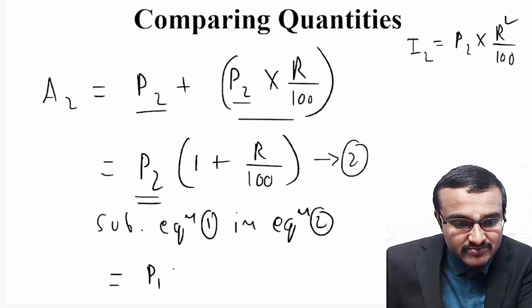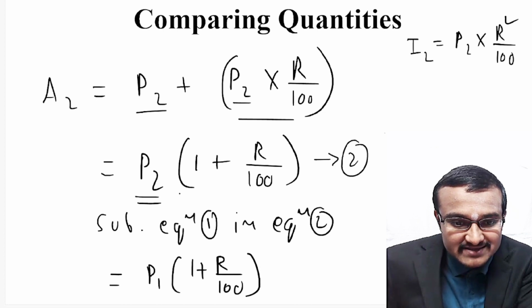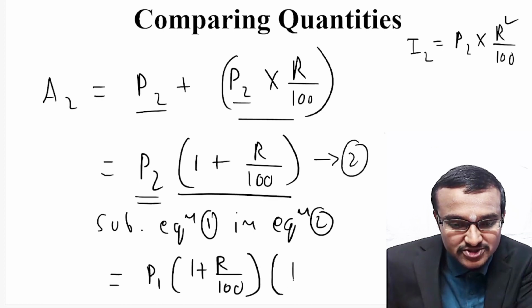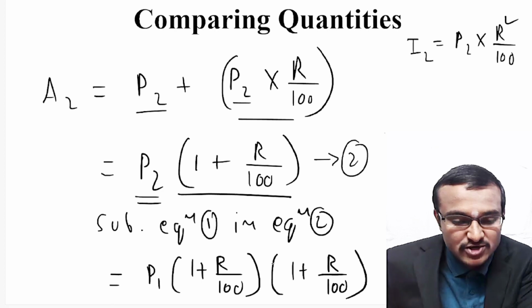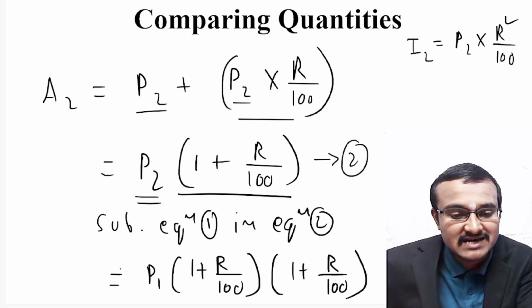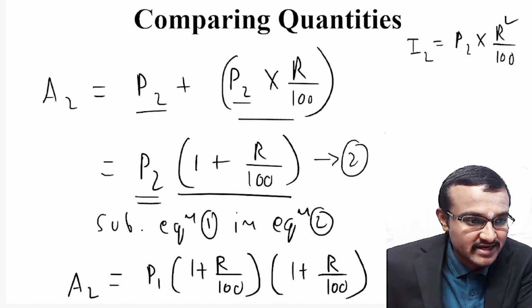So P2 is P1 into 1 plus R by 100, and this particular 1 plus R by 100 is also there. So it will become P1 into 1 plus R by 100 into 1 plus R by 100. That is your A2.